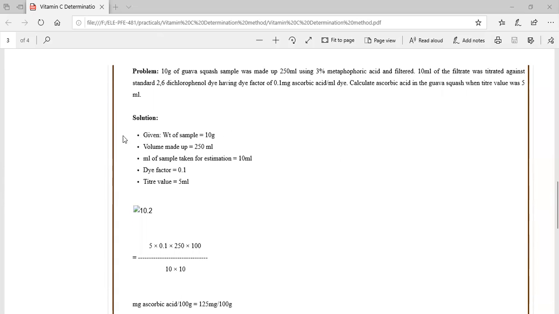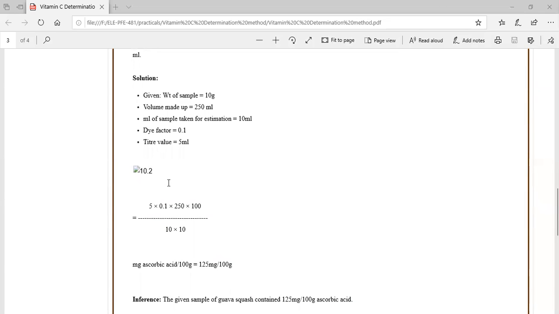So the given data here: weight of the sample is 10 gram and volume made up is 250 ml. The sample aliquot taken for the estimation is 10 ml. Dye factor is 0.1 and the titer value is 5 ml.